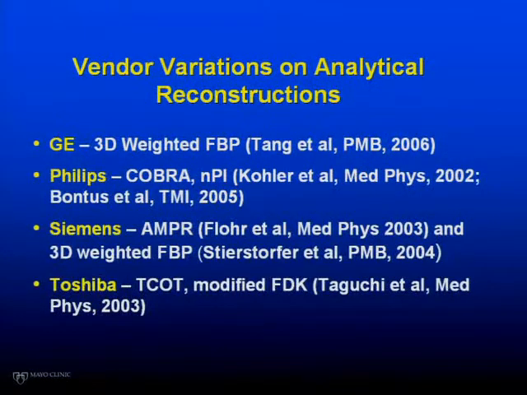There are some slight variations among different implementations, mainly in the weighting scheme. Since this presentation will be more focused on the practical optimization of the acquisition parameters, I will not go into detail to explain those reconstruction methods.